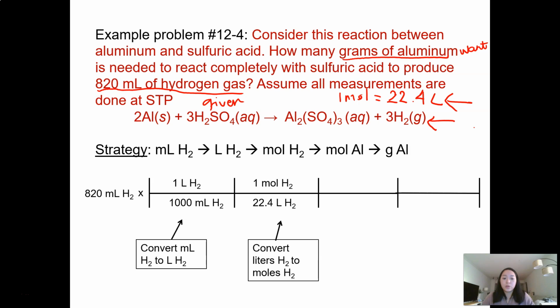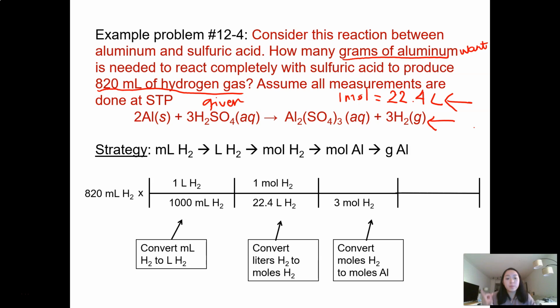Moving on to using our balanced chemical equation to give us our mole ratio. So we want to convert moles of H2 to mole of aluminum. We have 3 mole of H2 right here. Then to moles of aluminum, and we have 2 moles of aluminum right there.